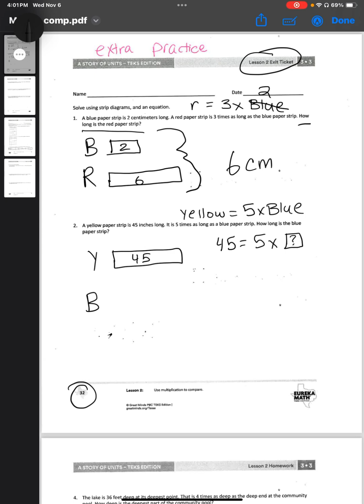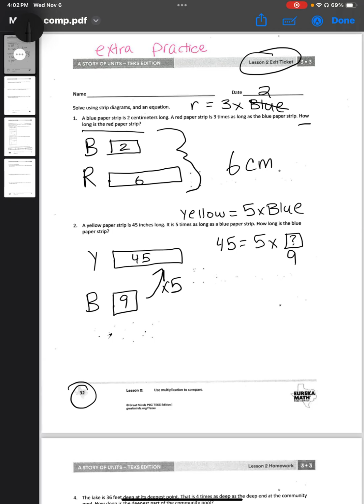Well, we can start to work this out because we can figure out how many 5s it takes to get to 45. We could count by 5s, and if we do that, we would end up at 9 5s. 5 times 9 is 45. Therefore, the blue paper strip must be 9 inches long. 5 times 9 inches is 45 inches.